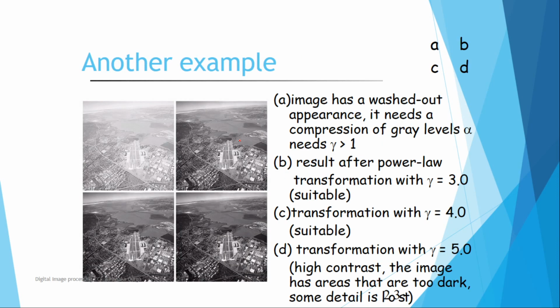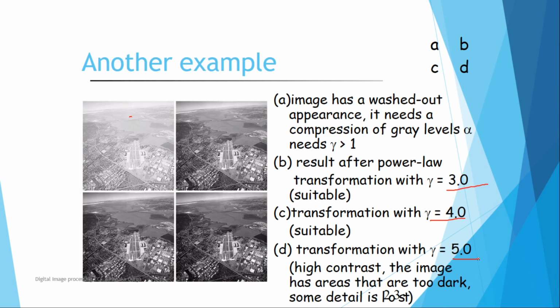This is another example of what the image looks like when the gamma is greater than 1: the background is washed out. Next is the result of power law transformation with gamma equal to 3.0, gamma equal to 4.0, and gamma equal to 5.0.